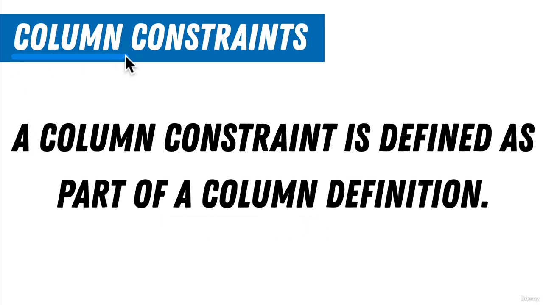A column constraint is part of the definition, part of that same line, when we're defining the column and we're saying column student ID is UUID and then it's a primary key.